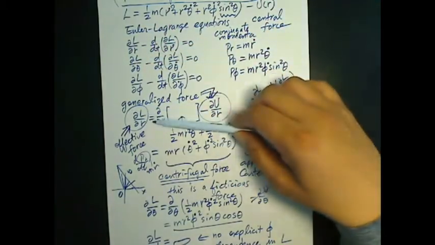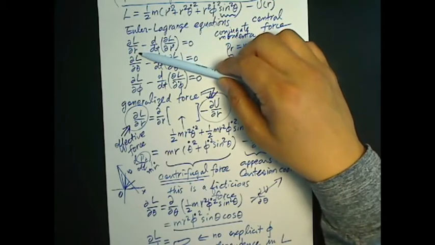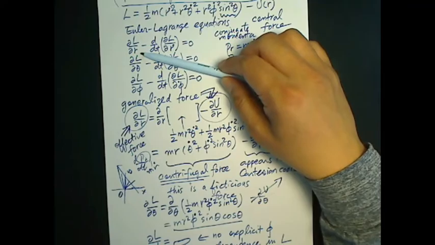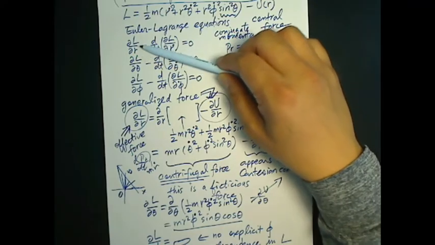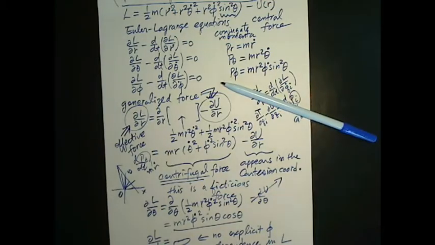And this one is the partial derivative with respect to r. In the case of Cartesian coordinates, the partial derivative of a coordinate for the Lagrangian is only for the potential energy, because the kinetic energy depends only on the velocity: the time derivative of x1 squared, x2 squared, x3 squared.